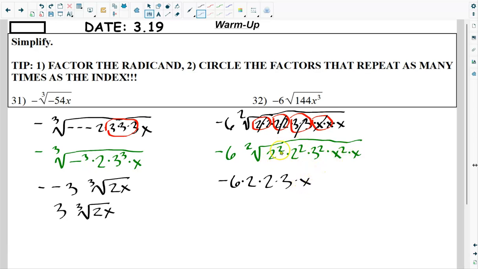We can also scratch those off, and we're left with just the x. So we can clean it up here, and that's going to be negative 72x times square root of x. Anyways, now it's recorded.